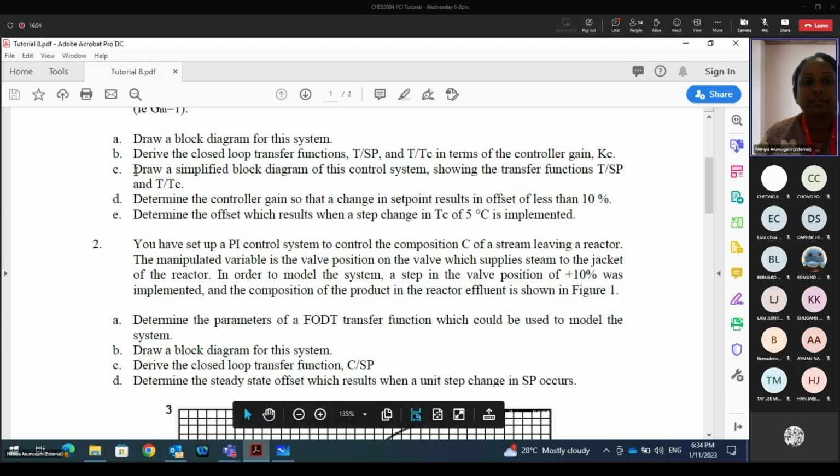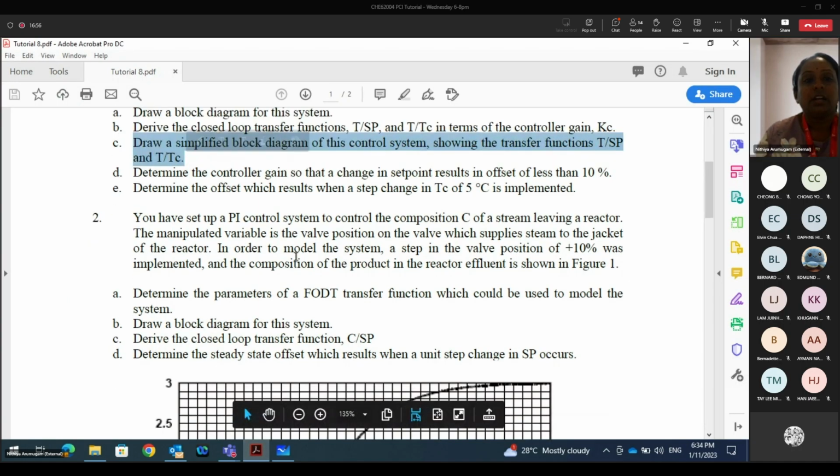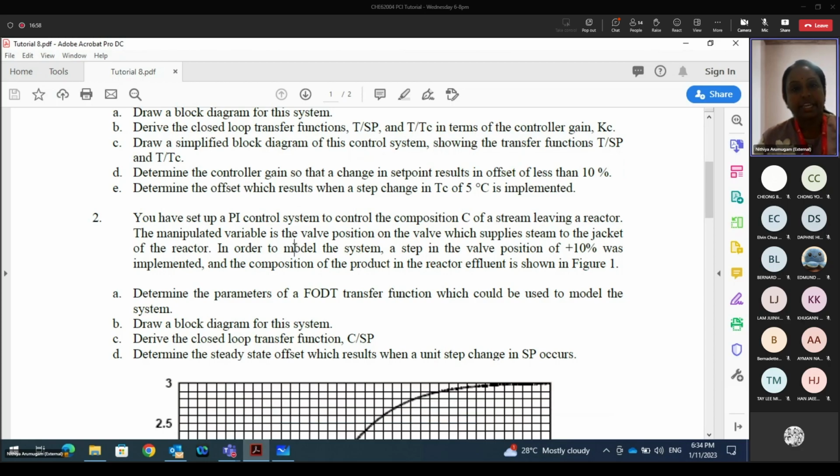Now part C, draw a simplified block diagram of this control system showing the transfer functions T over SP and T over TC. Okay, we can actually combine these two for the set point and the TC.